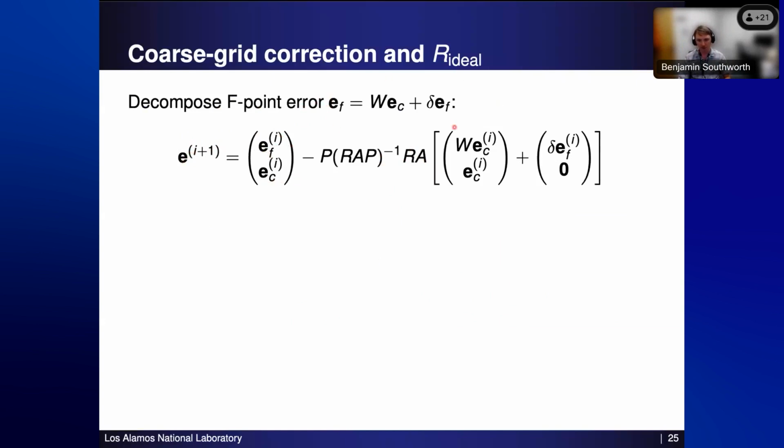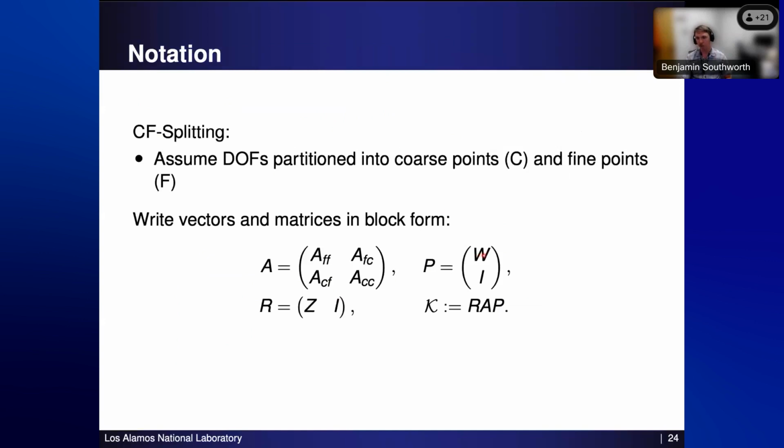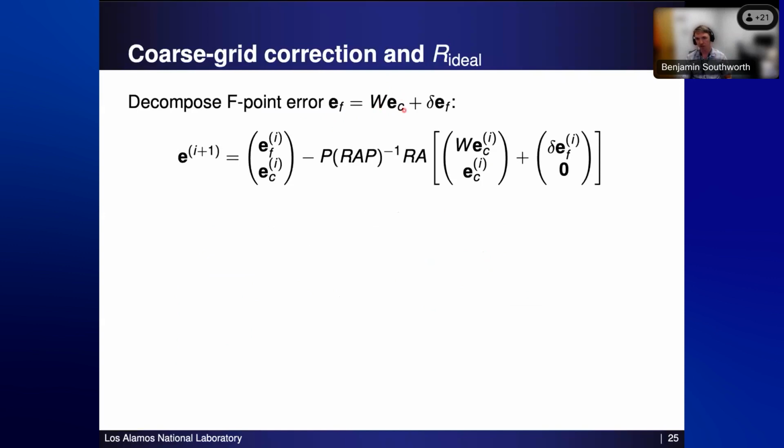Then we further decompose the F point error into the error that's interpolated, because P equals W, I, so we're going to interpolate from e_C up. And so W e_C is what we capture in our interpolation, and delta e_F is everything that we're not capturing. We expand this part into the part that we're capturing correctly, and then everything else.